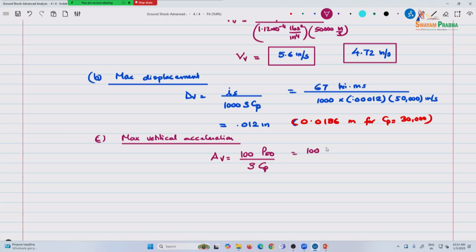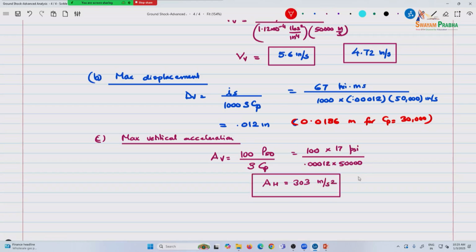So 100 multiplied by 17 divided by 0.00012 multiplied by 50,000. So AV is 303 inches per second square, and for the other case, for the 30,000 Cp, you get AV equal to 412.